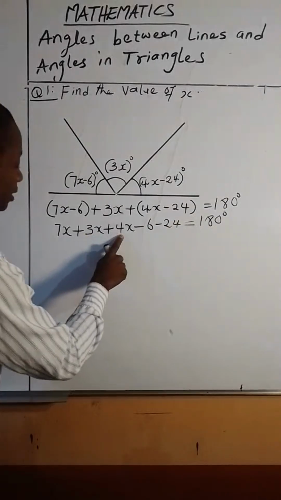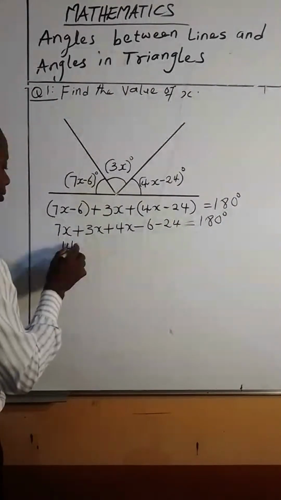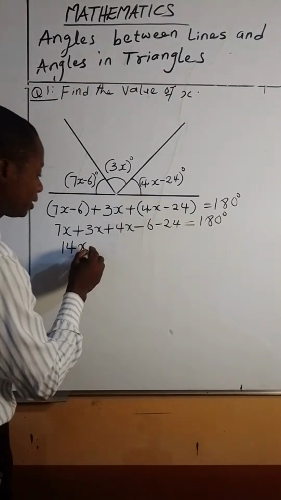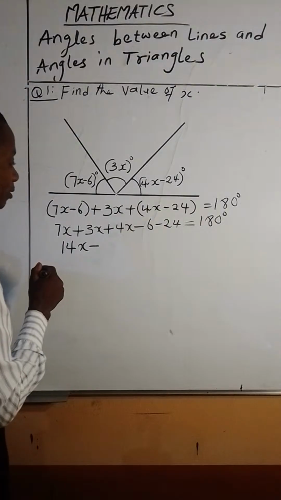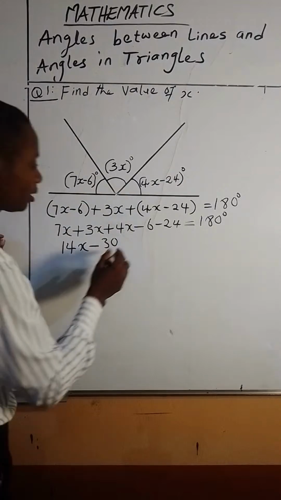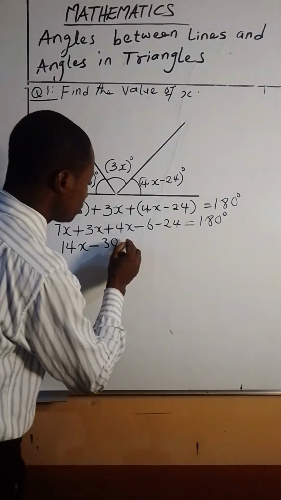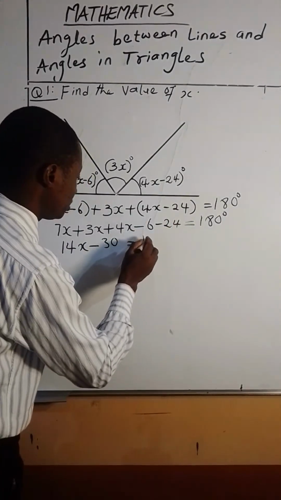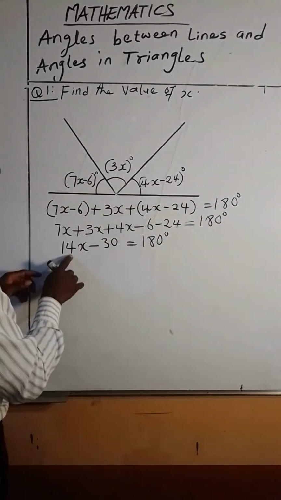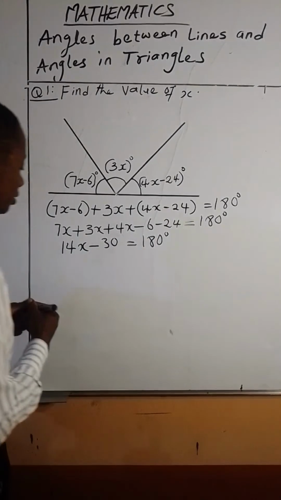Then 10x plus 4x is 14x, and minus 6 minus 24 is minus 30. Then this is equal to 180 degrees. This is 14x minus 30.